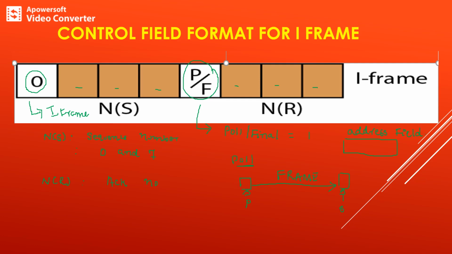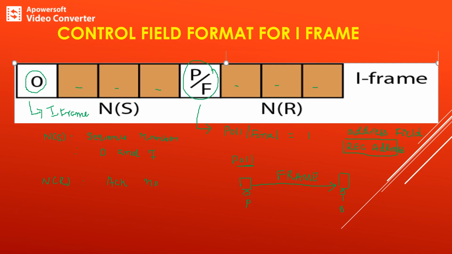So in the case of polling, since the primary is sending the data to the secondary, the address field holds the receiver address, that means the secondary station address.